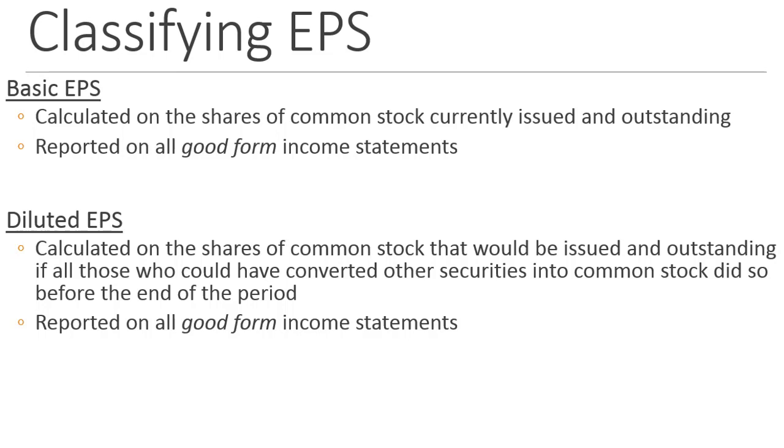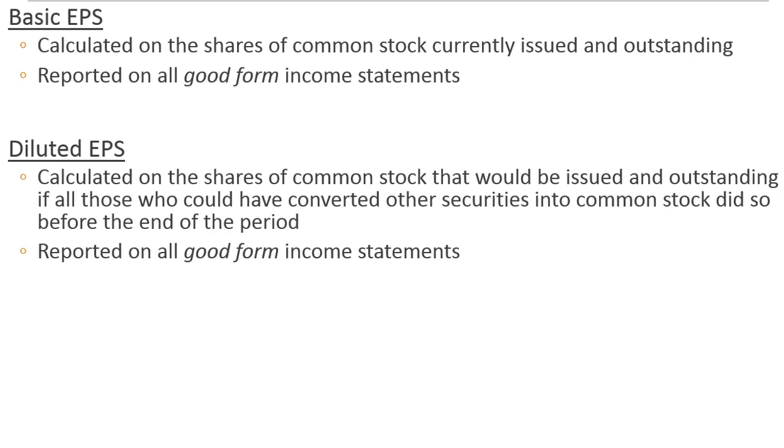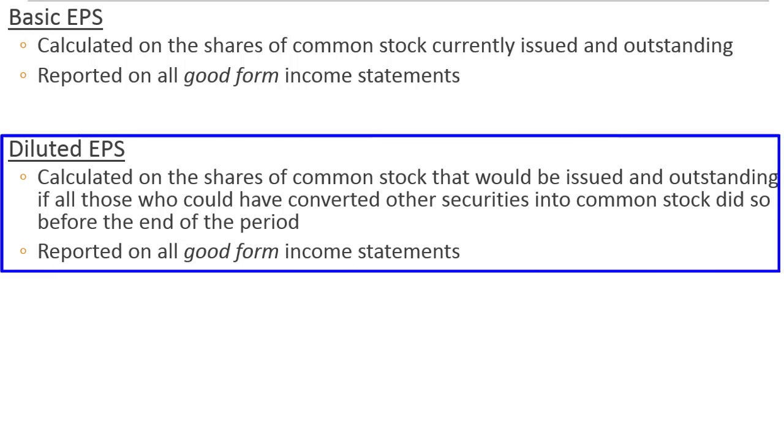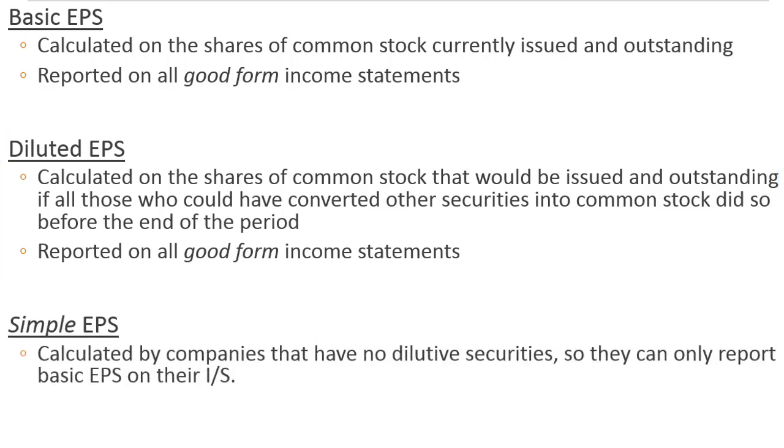There is one exception to that rule, and I hate talking about exceptions when I've just tried to emphasize that this has to be there. But there are some companies with no dilutive securities. So I've never issued stock options. I don't issue convertible debt. I don't have any preferred stock at all. If you're a small corporation, maybe an S Corp or something that is following GAAP instead of cash accounting, but doesn't have any of these dilutive securities, then you report what we call simple earnings per share.